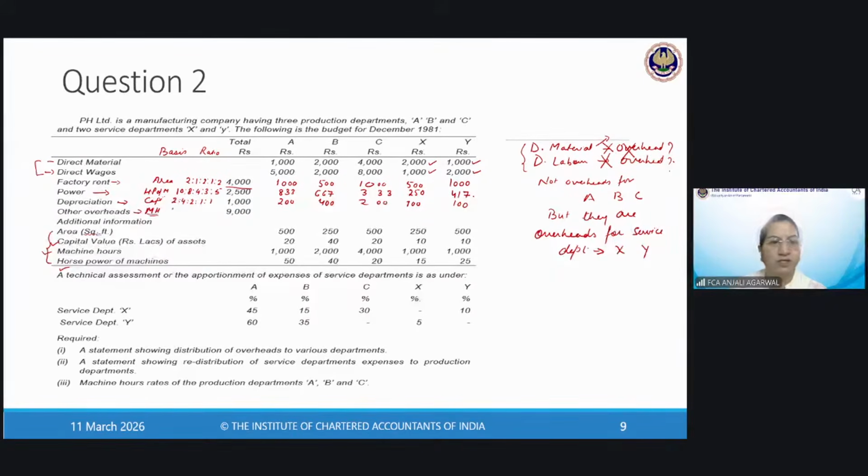So the ratio is 1 is to 2 is to 4 is to 1 is to 1. There is information here which can have a relation with the area. But if you see that there are 10 points here and 10 items here, try to find a close approximate of each, so that each piece of information becomes useful. It is possible horsepower of machine may be used for two items, but if one is going redundant, useless, futile, ensure that it is also used and give your reason why you are taking it on that basis.